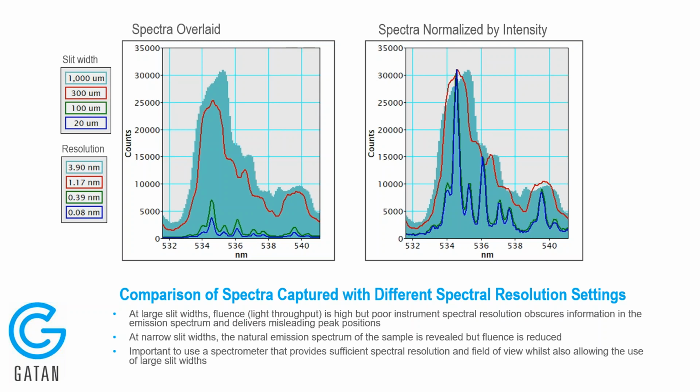We want to be able to use wide slit widths if we can to get as much light into and through our spectrometer to the end result, but only enough, as we still need to be able to get the spectral resolution to enable us to observe the features that we want. So there is a trade-off between having enough light and being able to have the spectral resolution needed to observe the information in the spectrum that we need to observe.